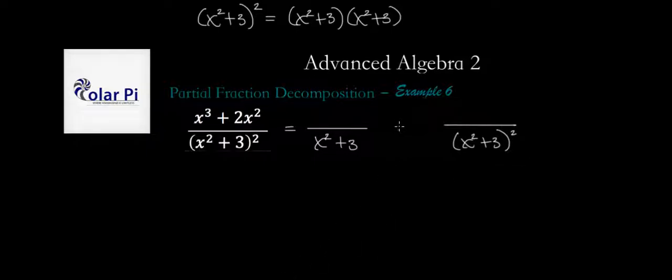Good. Now we put a plus sign here, and the numerator here, since this is a quadratic denominator, is going to assume linear form ax plus b, and the numerator here is also going to assume linear form, so let's write cx plus d.